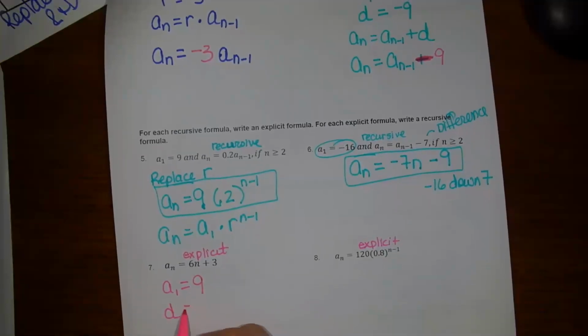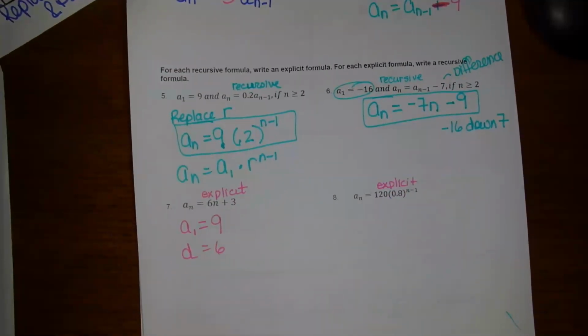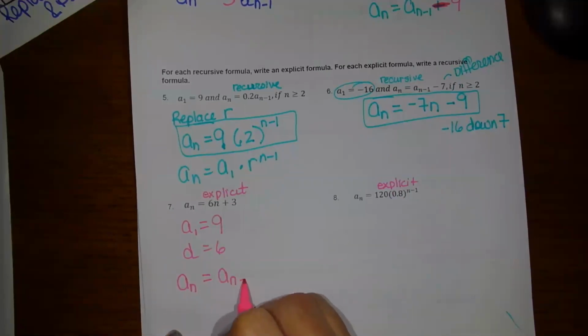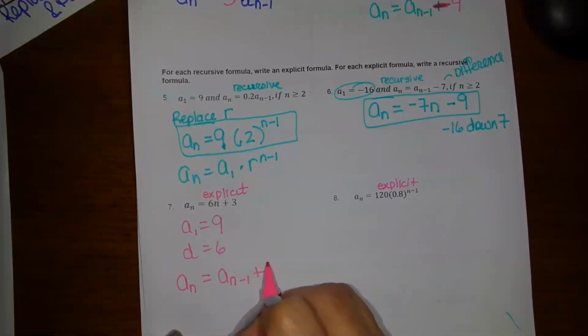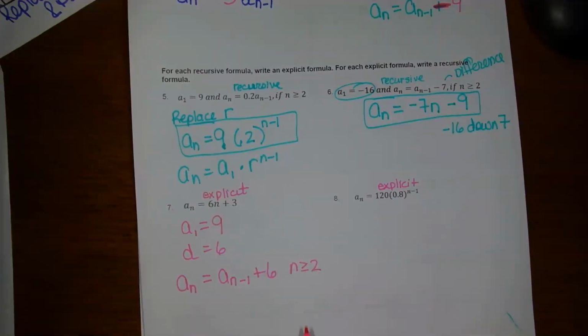The difference is 6. We learned that when we studied these with arithmetic sequences, that's the difference. So my recursive formula is going to be a to the n equals a to the n minus 1 plus 6. And I have to specify that n is greater than or equal to 2. Because if I put a number smaller than 2 in there, this would be less than 1, and we start with 1.